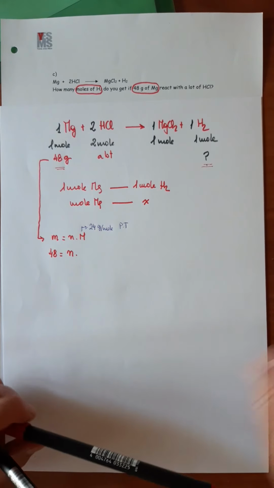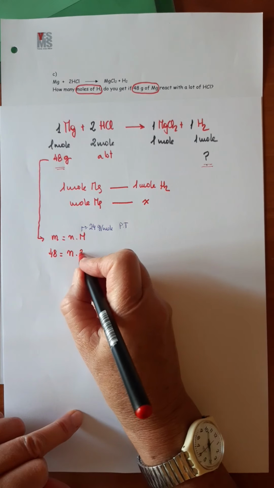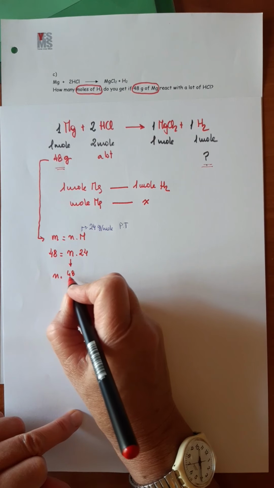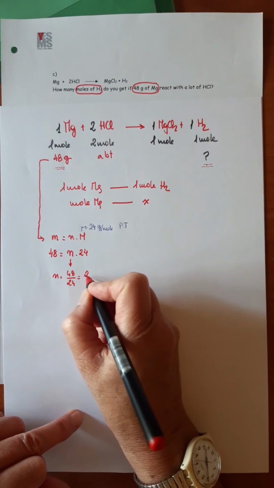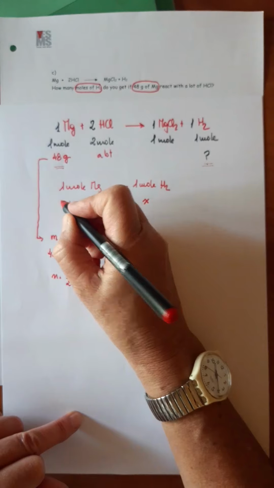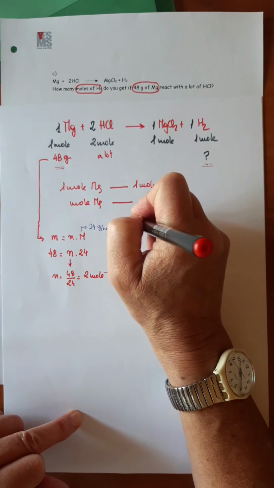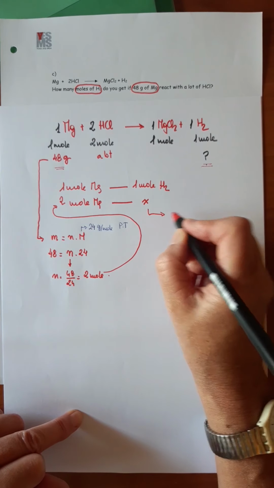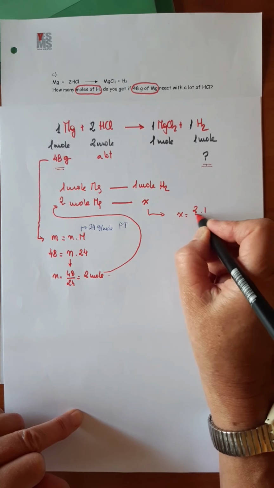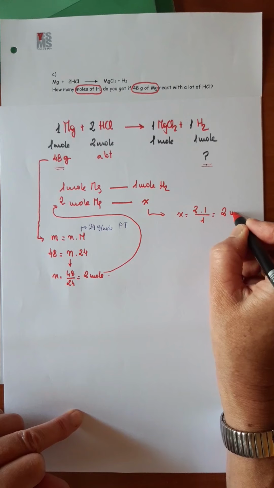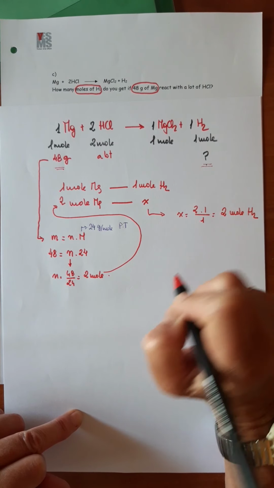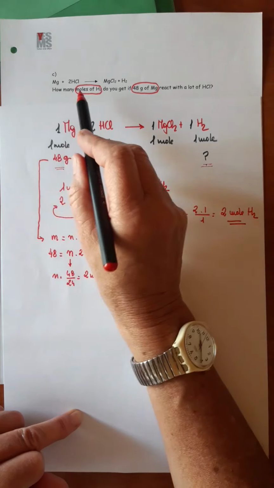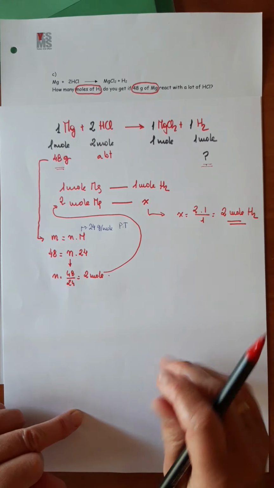So we write here 24, and we get that n equals 48 divided by 24, so 2 moles. Now we know that here we should write 2 moles. So X equals 2 times 1 divided by 1, so 2 moles of hydrogen. As they ask about the number of moles, we have finished the exercise.